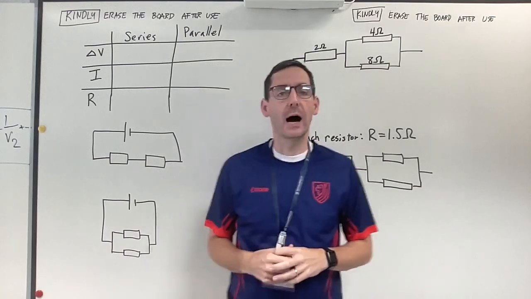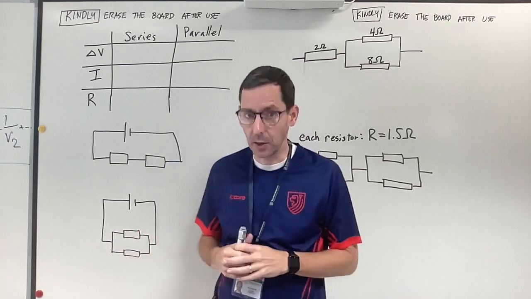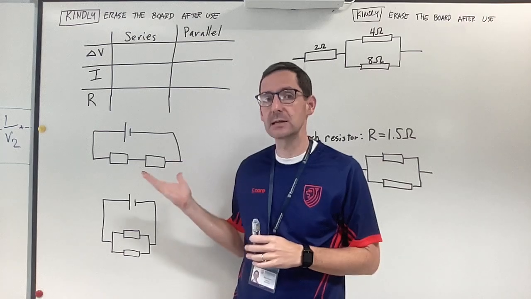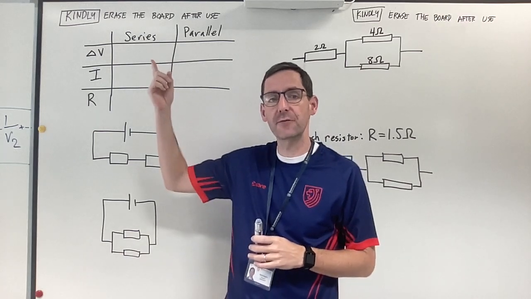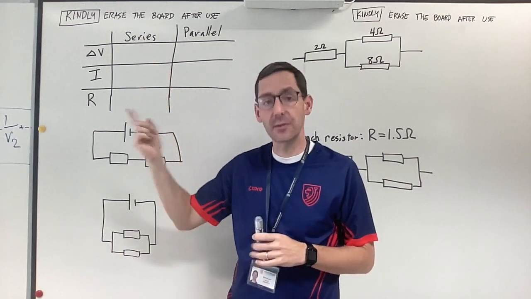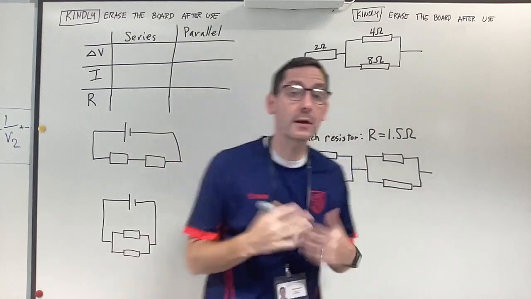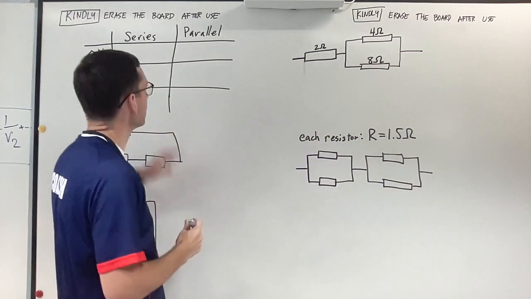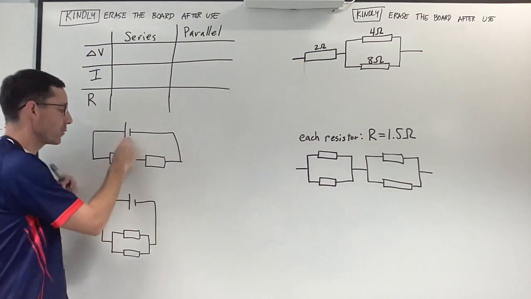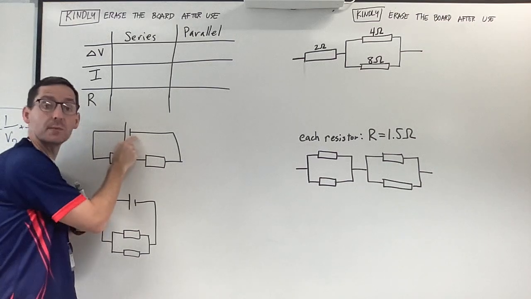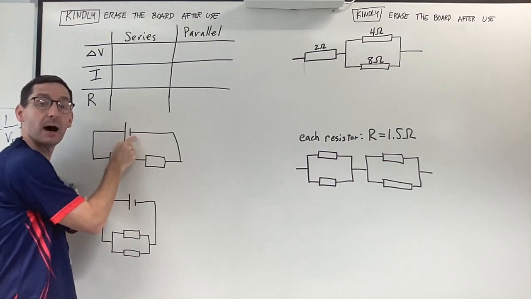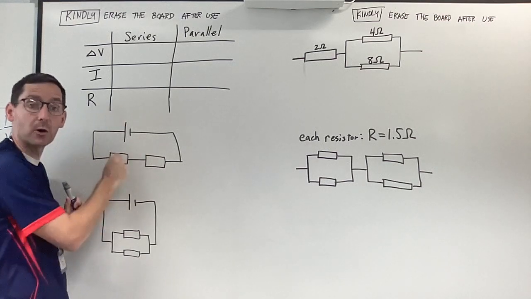Okay, so in a series circuit, that's what we got right here. In a series circuit, we're going to talk about the potential difference, the current, and the resistance. One of the things that we talked about is that we have a certain amount of EMF, a certain amount of potential that's being provided by the cell or the battery, the power source.